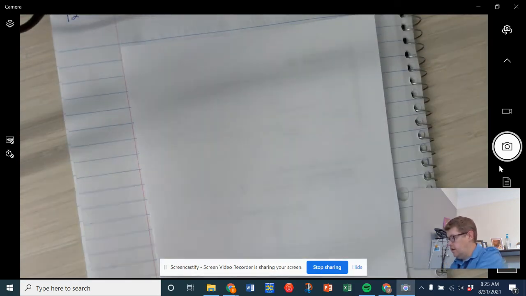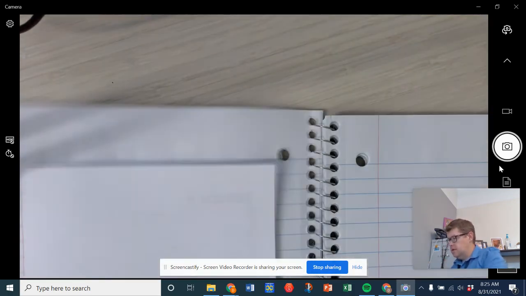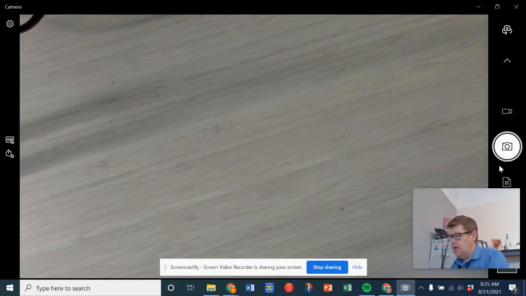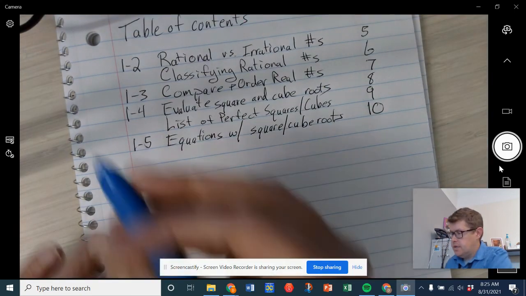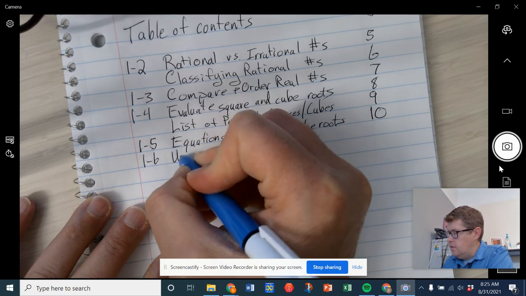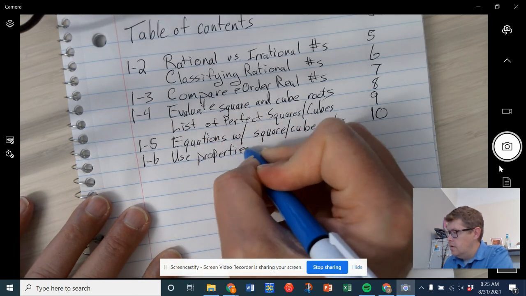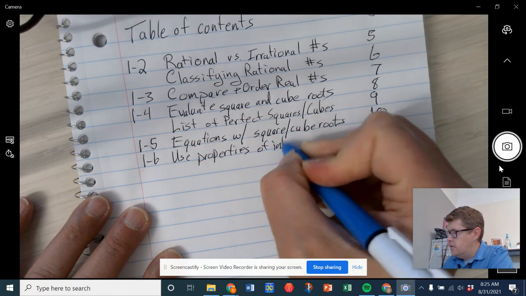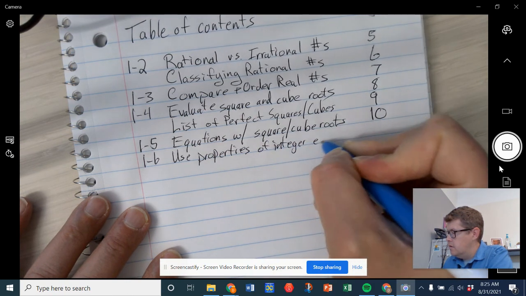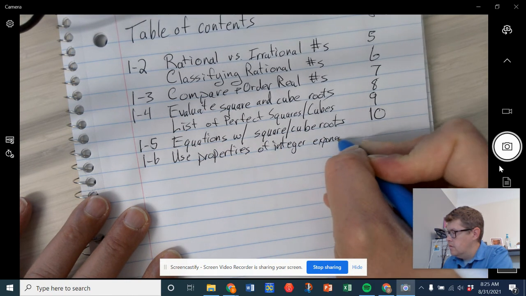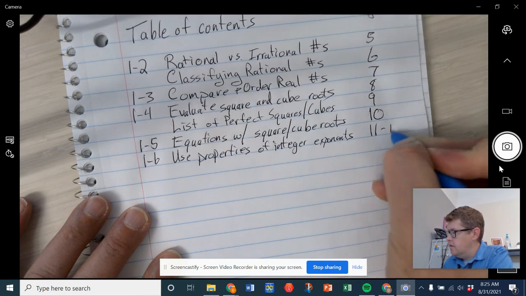So right there. Okay, now for the table of contents, 11 to 12, the pages. I'm going to say 1-6, use properties of integer exponents. This is 11 through 12.